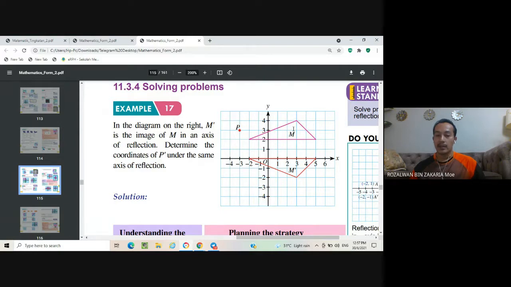These two are actually under the same reflection.